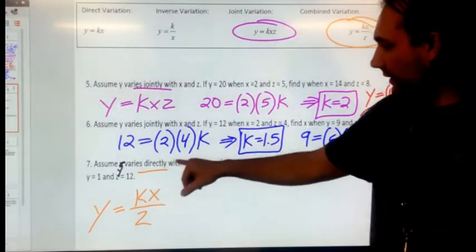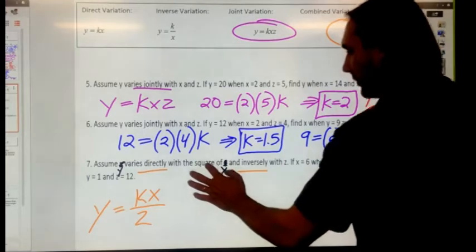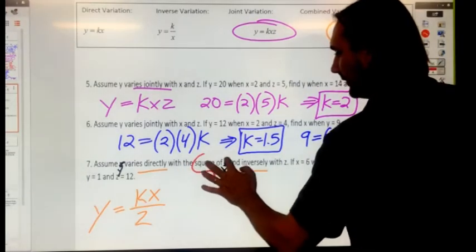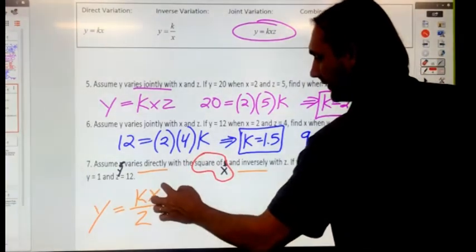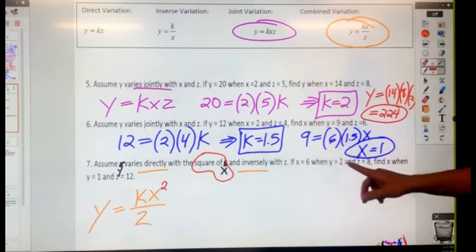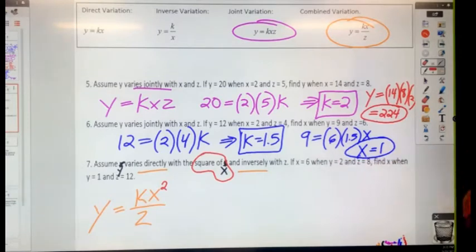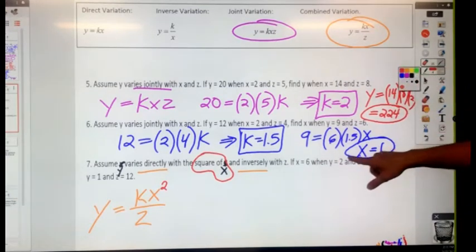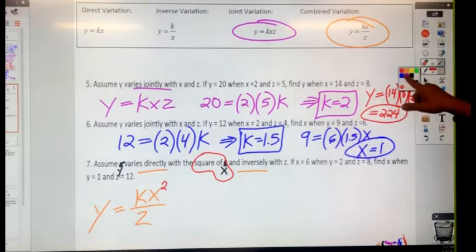Assume y varies directly with the square of x. So I need to go to my x and square it. So my formula for this problem is y equals kx squared divided by z. Now I can solve it. So if x is 6 when y is 2 and z is 8, let me plug it in because I need to find my k.